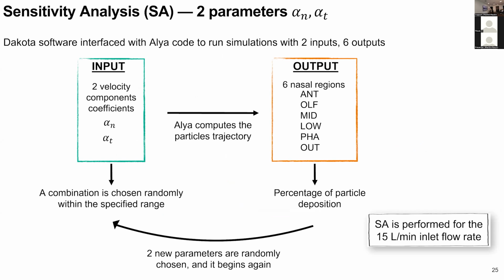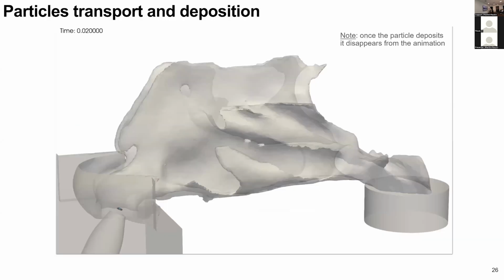Then it begins again: a new combination of two parameters is generated, and we obtain the deposition again. We repeat this many, many times, and we obtain statistical information. Just to mention, this sensitivity analysis is performed for the 15 liters per minute inlet flow rate.